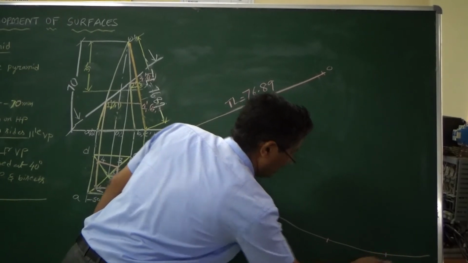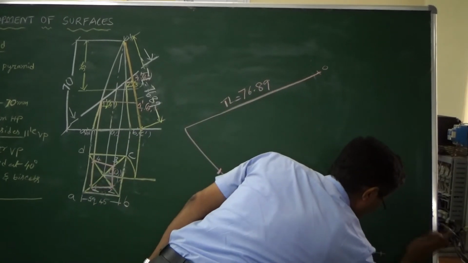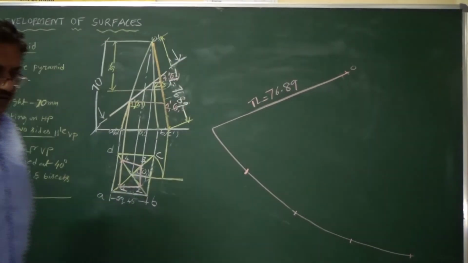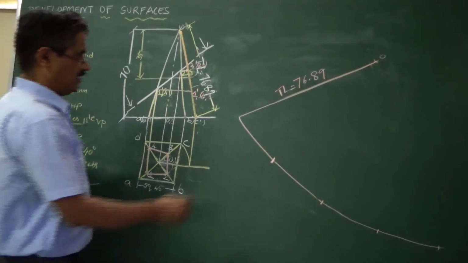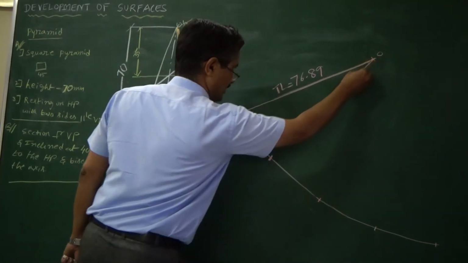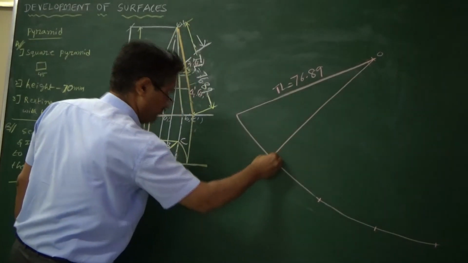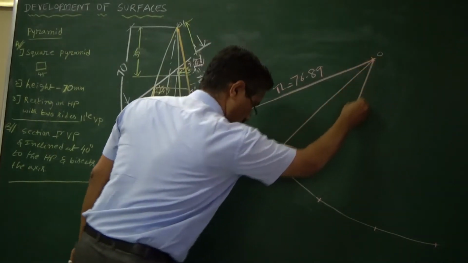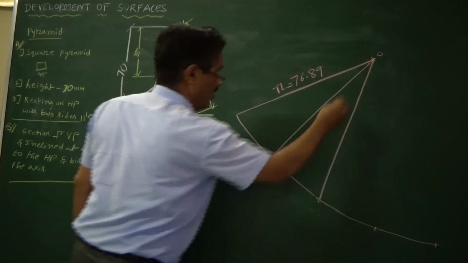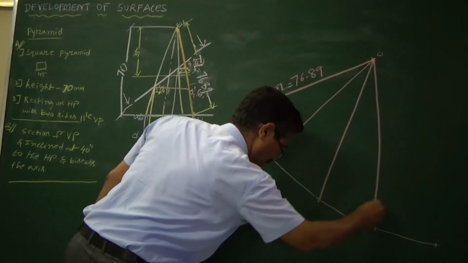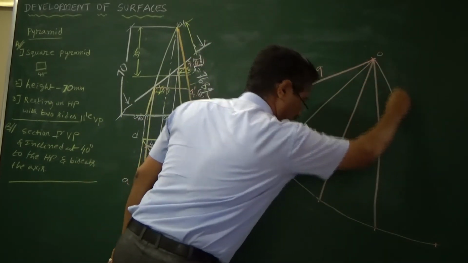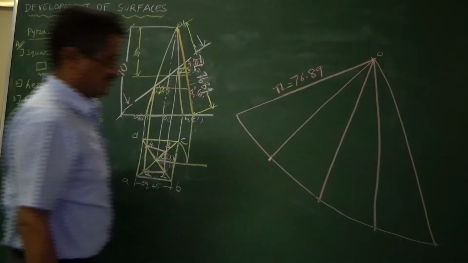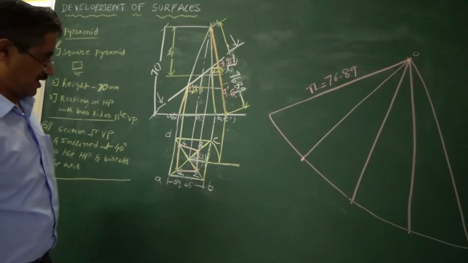So once I do that, this is not required for you. This is an extra portion, so you can remove that. Okay. Now let me join this with a thin line only from the O. So from O I am connecting to all these compartment markings which I have done. This is the total connections.